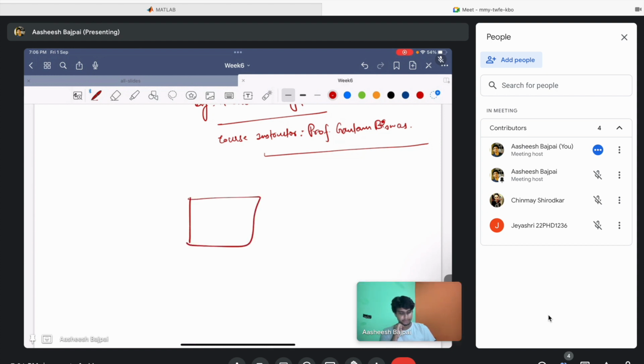Suppose this is your domain. At this point you have boundary conditions, but at this point also you sometimes assume the same temperature. There is one name I'm forgetting, in which we assume the same temperature here at this point.